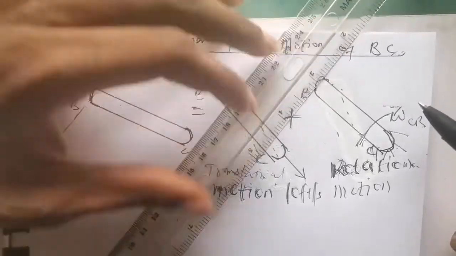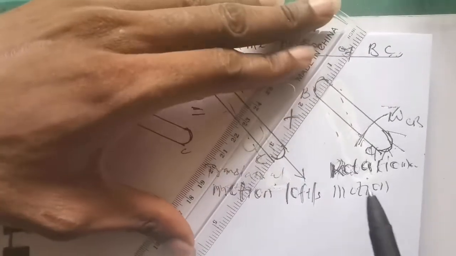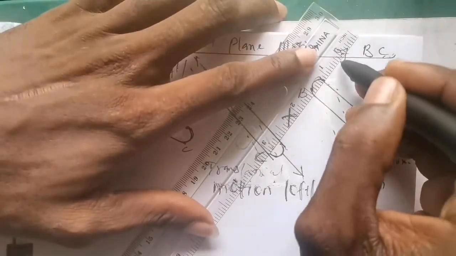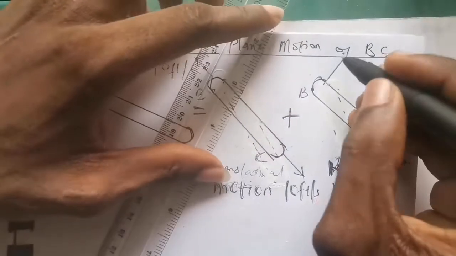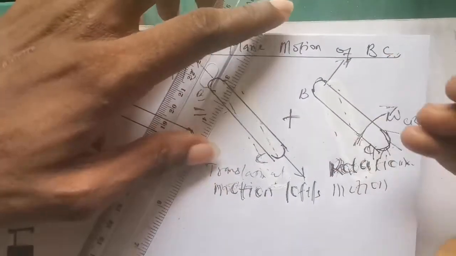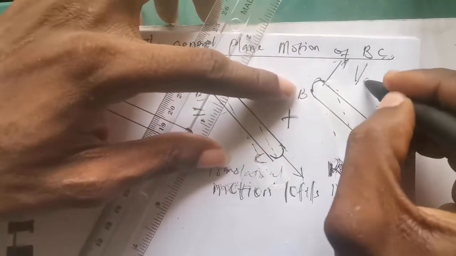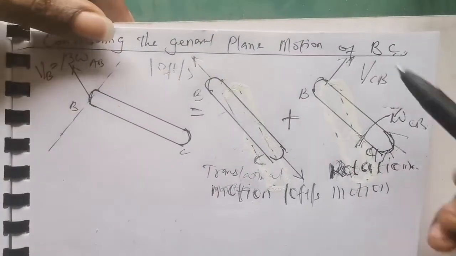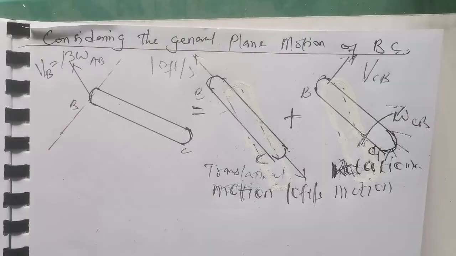So this is our velocity. You call this VCB, the velocity of point C relative to B.